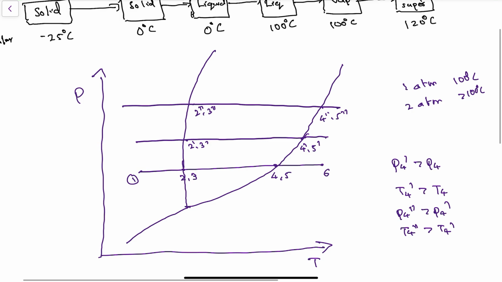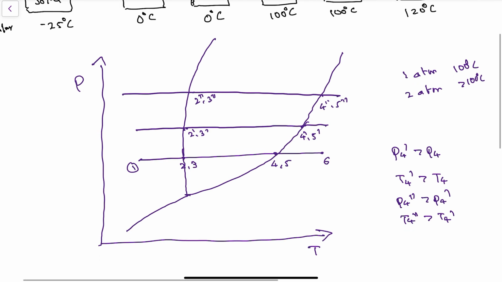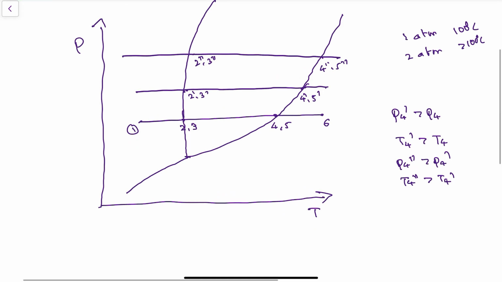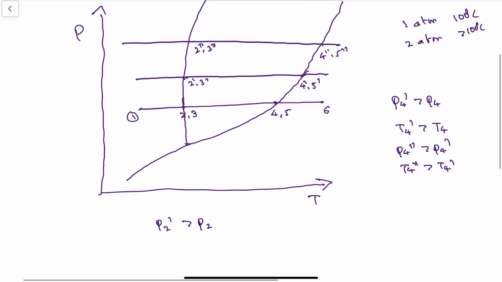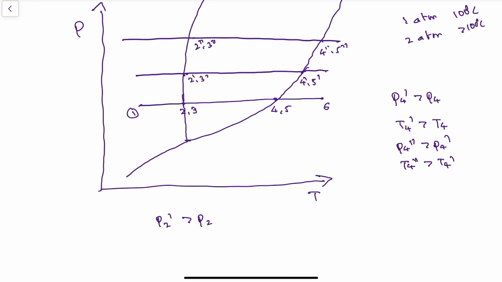Similarly, for 2 3, 2 dash 3 dash and 2 double dash 3 double dash, P2 dash is greater than P2. When the pressure is increased, temperature also increases, but that increase in temperature is very low. So it is almost like a vertical line, but it is slanted towards the right.